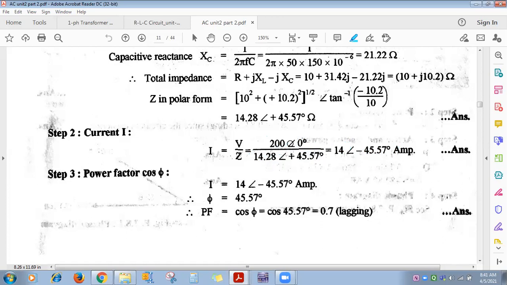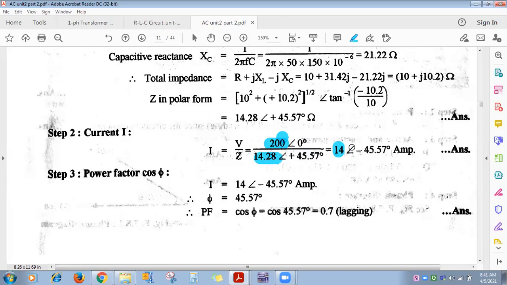Okay, in exam MCQ type questions, if the four options given are only magnitudes like 14, 10, 12 and 13, then directly 200 is the total voltage and 14.28 is the impedance. 200 divided by 14.28, 14 is the correct option, you can mark.